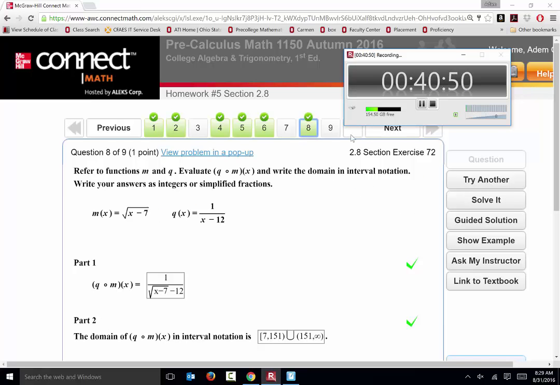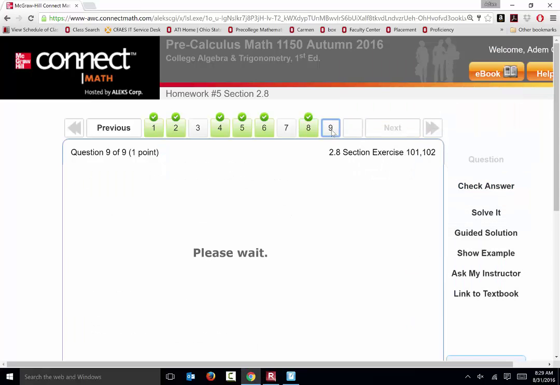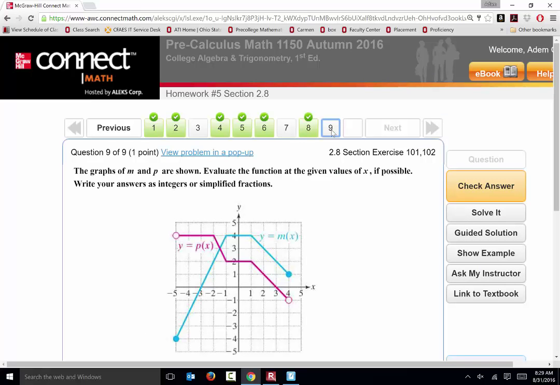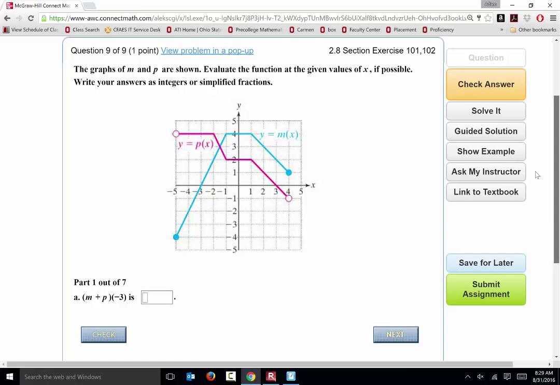Alright, next question, number 9. Okay, this is a comprehensive question. It has 7 parts, you see. It checks out everything we did so far on a graphical approach.